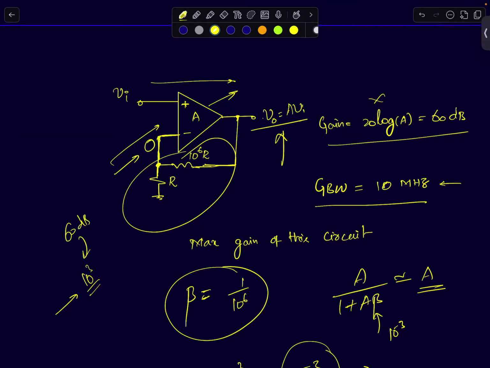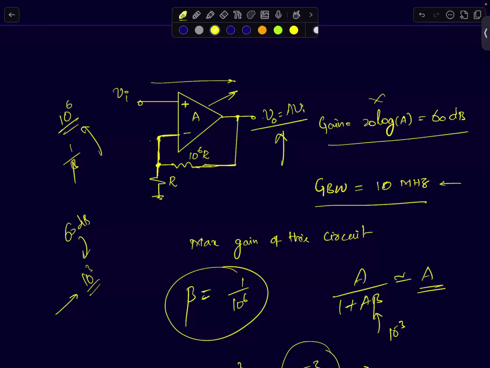Whenever you want to design, see what's happening here is that your beta is so small. Therefore, you thought that you would get 1 by beta. Ideally, you wanted to expect a gain of 10 power 6 out of this non-inverting configuration. But to get a gain of 10 power 6, your forward path gain has to be much greater than that.